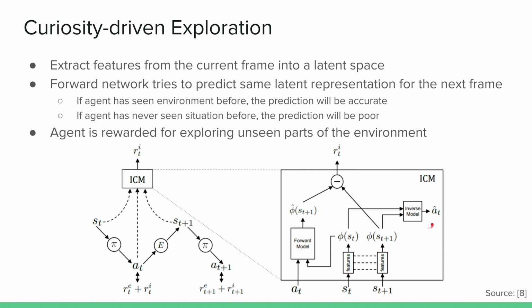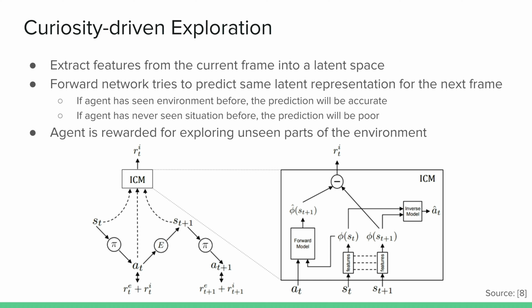Given the latent space representation of the state s_t and the latent space representation of the state s_t+1, the inverse model learns to say: okay, we were in that state, now we're in this state. What was the action that we took to get from that state to the next state?